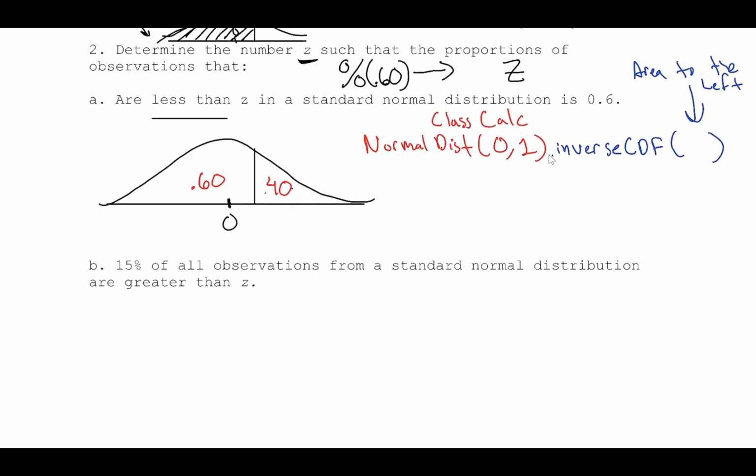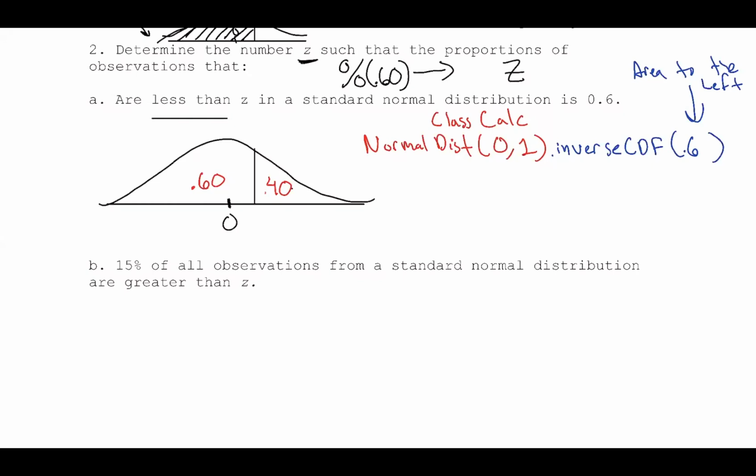You never give it the probability of the right side, you always give it the left side. So what's the probability of the left side? Yeah, 0.6. So we put 0.6 right here, or you can put 0.60, same thing. It won't change a thing. Everybody good so far with my setup?